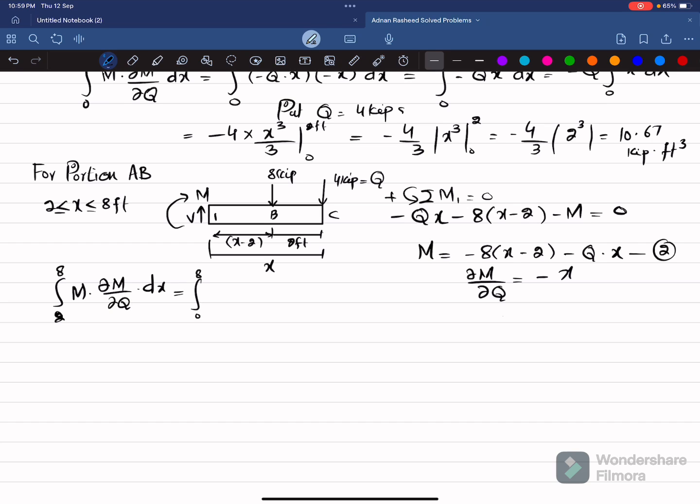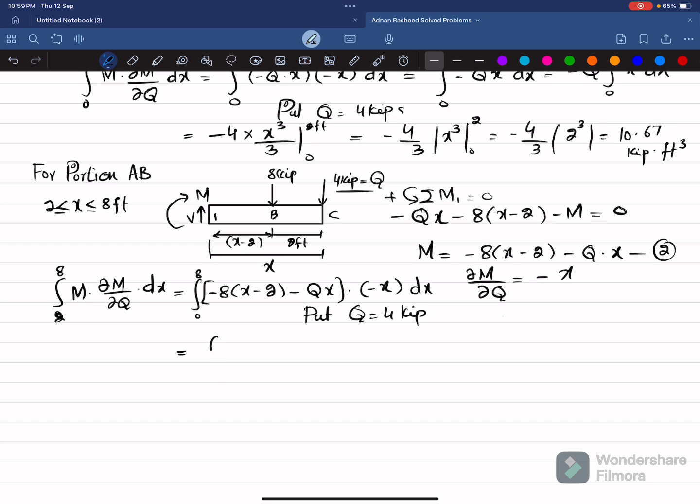So plug in the value of M and partial M over partial Q. M is minus 8 into x minus 2 minus Q into x. This is the value of M, and partial M over partial Q is minus x into dx. Put Q equal to 4 kips, which we have taken over here.